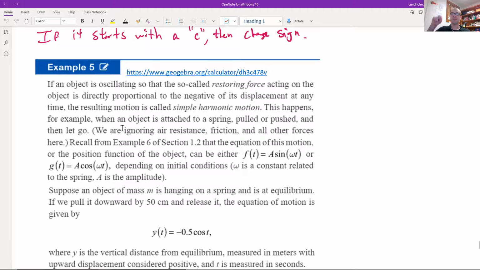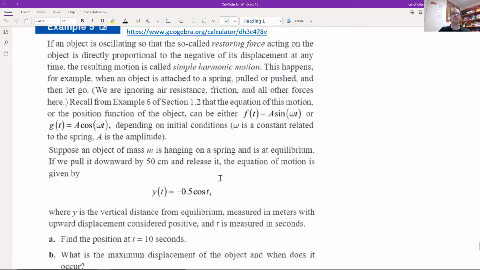And here we're going to be doing some simple harmonic motion with a mass hanging off of a spring. So this is all restoring force. Suppose an object of mass m is hanging on a spring and is at equilibrium.